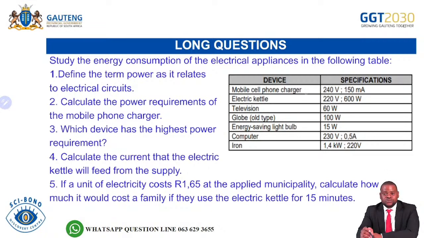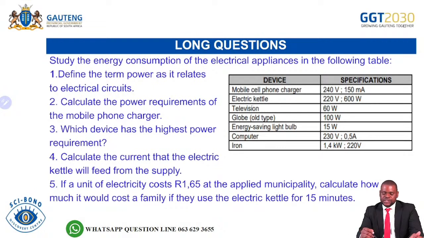We have a cell phone charger that is using 240 volts and 150 milliampere. And the kettle, an electric kettle, which is using 220 volts and 600 watts.